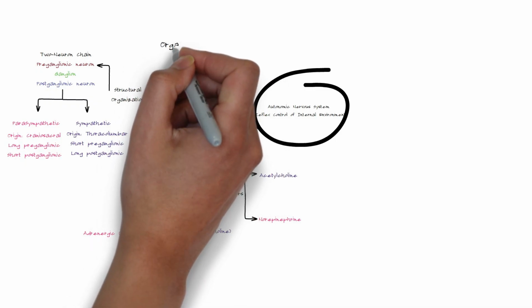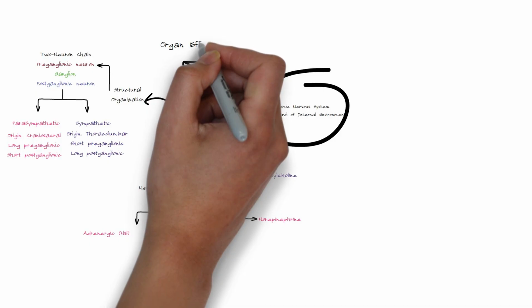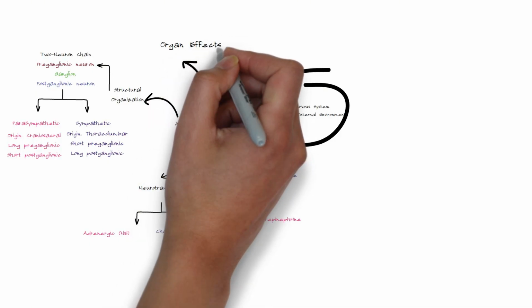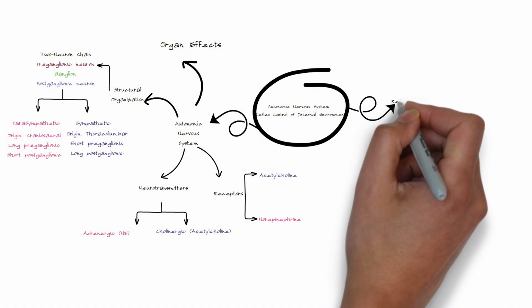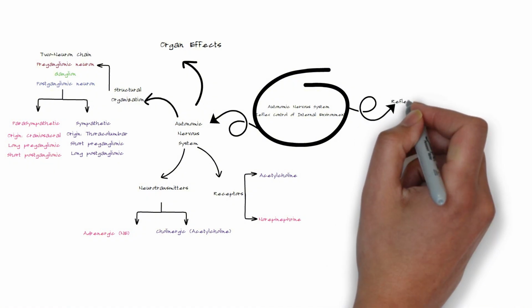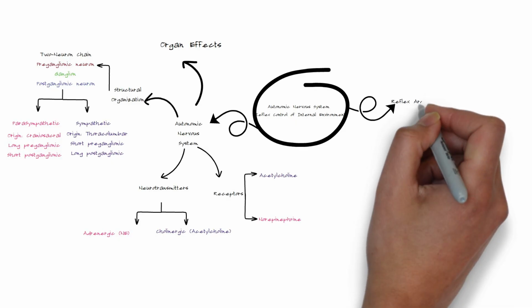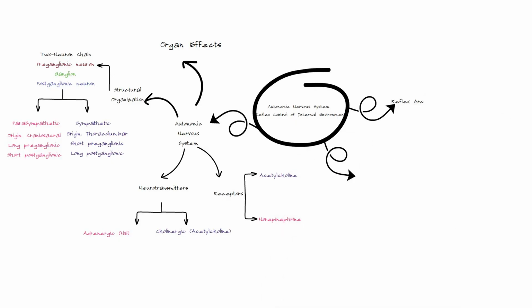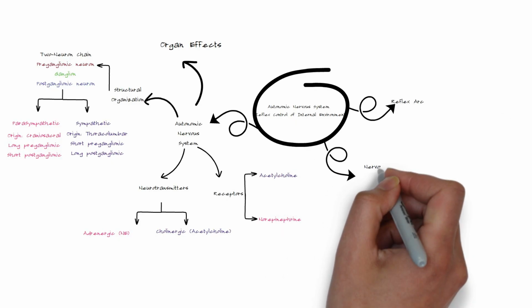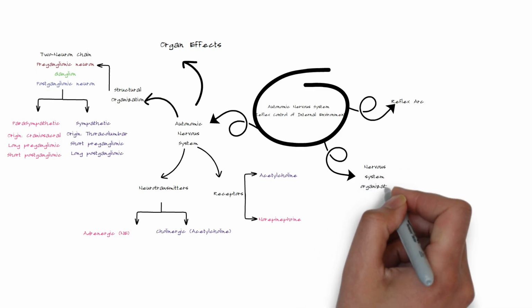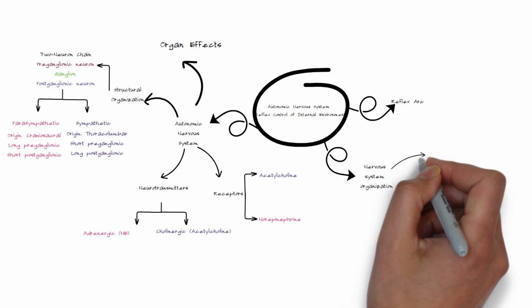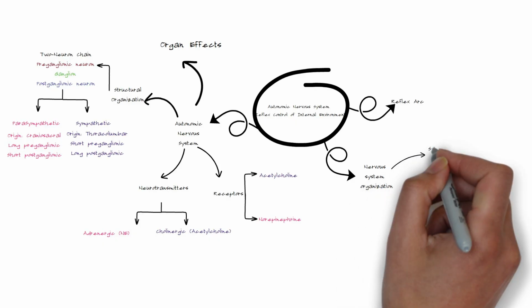Then we talked about the receptors, for acetylcholine the two main receptors, muscarinic and nicotinic, while for noradrenaline the two main receptors are the alpha and beta. Then we discussed the organs' effects, and also we talked about the reflex arc components, which are the receptors, the afferents, the centers, the efferent, and the effectors.